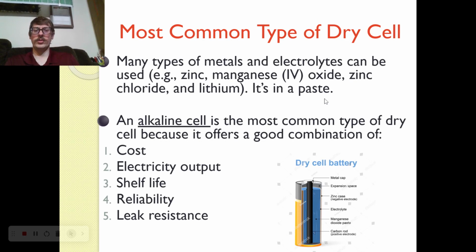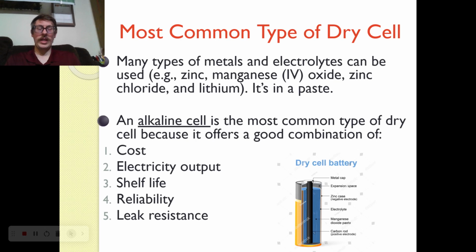There's also, instead of having just liquid sloshing around in there, usually the electrolytes are in something called a paste or a gel. Things move a little slower. The anions and the cations move a little slower, so that can delay the battery being used as quickly.